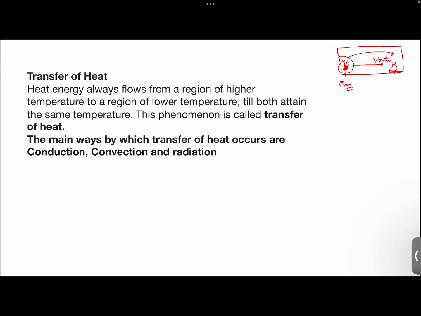Here in this region, the temperature was high, and in this region earlier the temperature was low. So the flow of heat is taking place from where to where? From a region having high temperature to a region having lower temperature. After some time, all parts of this room will have the same temperature. So the flow will continue until all the parts of the room have the same temperature.